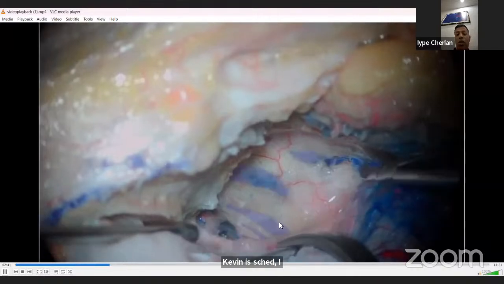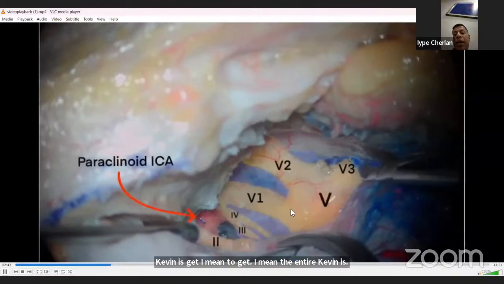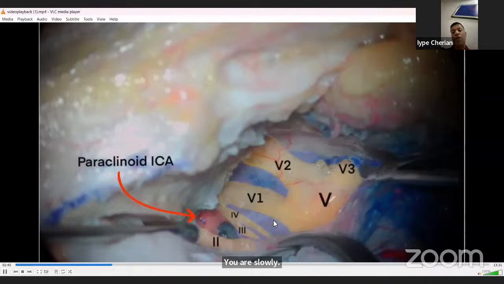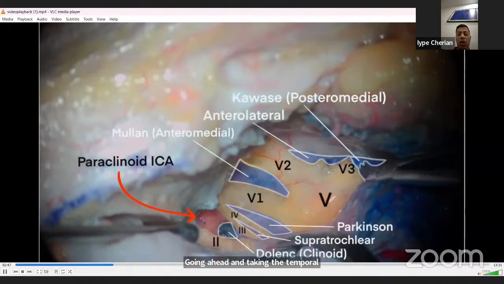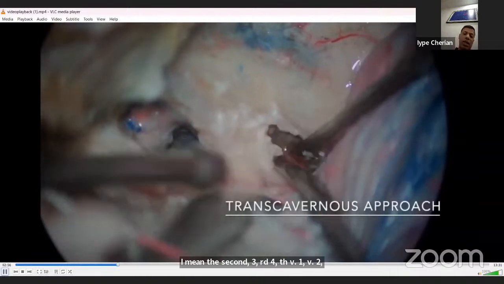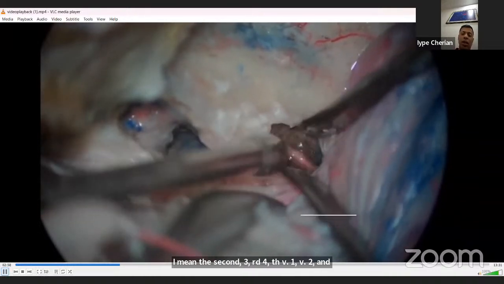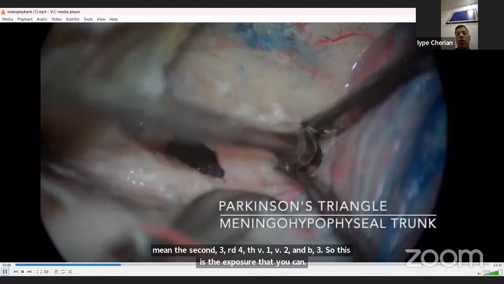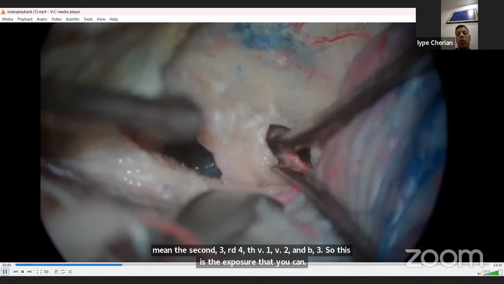You are slowly going ahead and taking the temporal lobe away. So now you can see the second, third, fourth, V1, V2, and V3. So this is the exposure that you can get. And you go ahead with the fourth and V1 triangle.